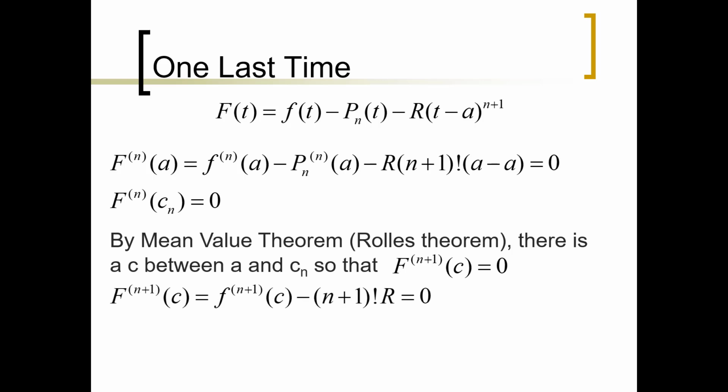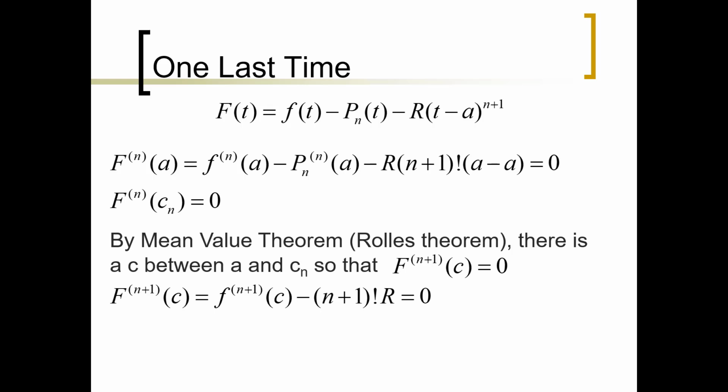But if you take n plus 1 derivatives of the capital F function, you'd wind up taking n plus 1 derivatives of a Taylor polynomial of degree n. Well, that's too many derivatives. That would just go away entirely. And if you take t minus a to the n plus 1 power and take n plus 1 derivatives of it, the only thing left then is the constant r, and it has n plus 1 factorial.